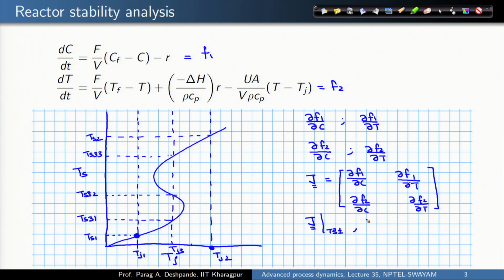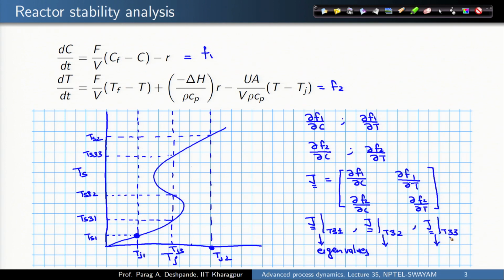You will determine this also at T s 3 2 and T s 3 3. This will be the first step. Then you will determine the eigenvalues. It is a 2 by 2 system, so there would be 2 eigenvalues.